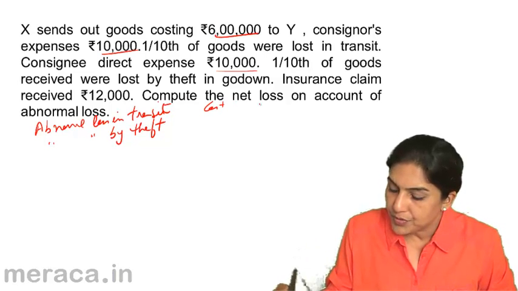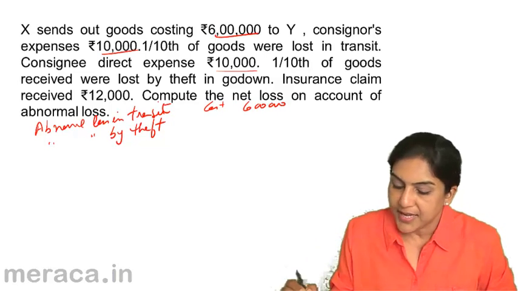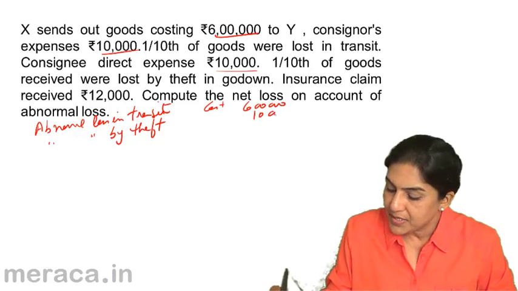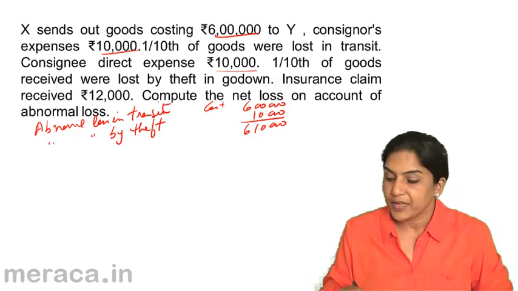Cost of goods is 6 lakh, expenses 10,000, totally 6 lakh 10,000.